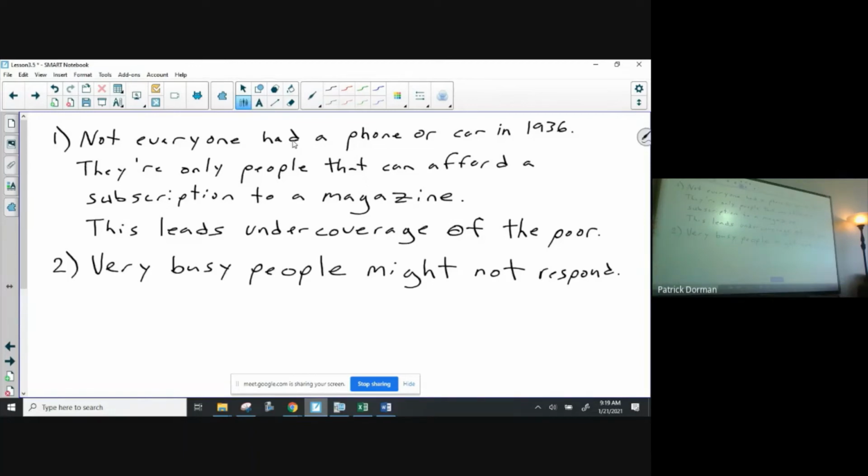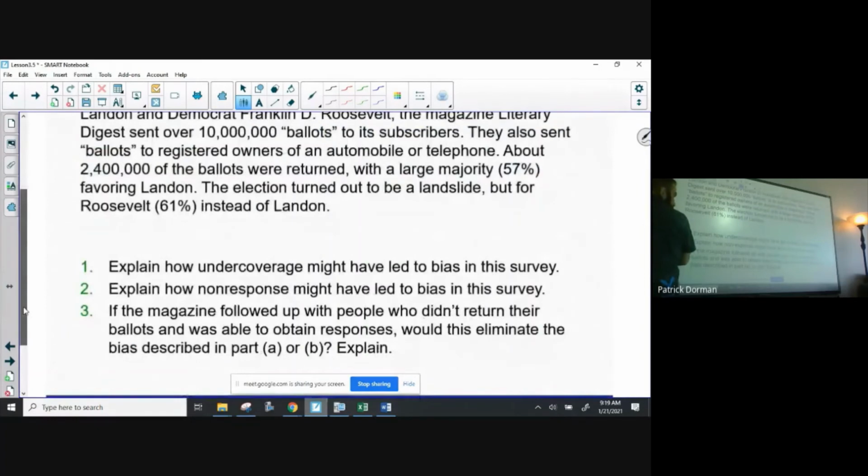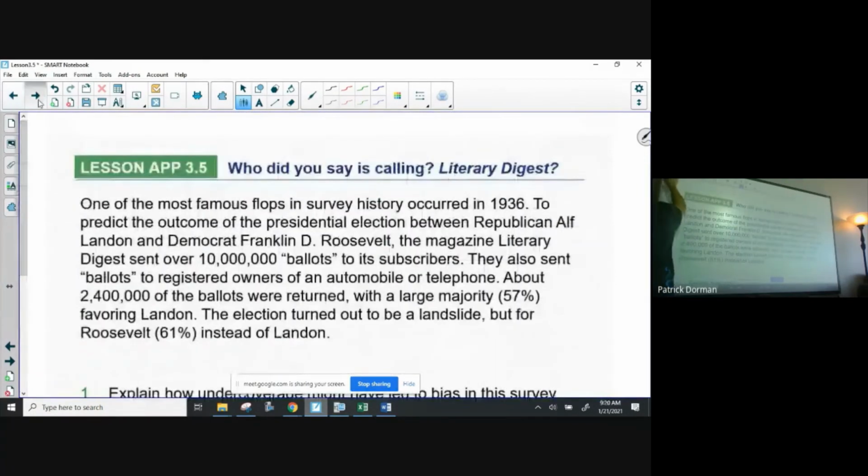Yeah, I think that might actually still be kind of leading to undercoverage of people from a lower economic status. Okay, did I answer the question? Or did I really want to know how? Let's see how it led to bias. So what's the bias?